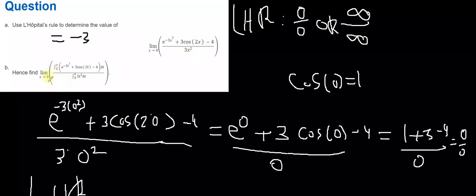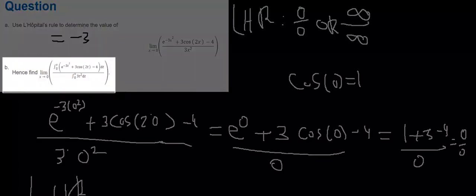Hence, find the limit as x approaches 0 of the following expression. I'm just going to take a picture so we can solve that here. Okay, so to solve this expression, there are a few things we can do.